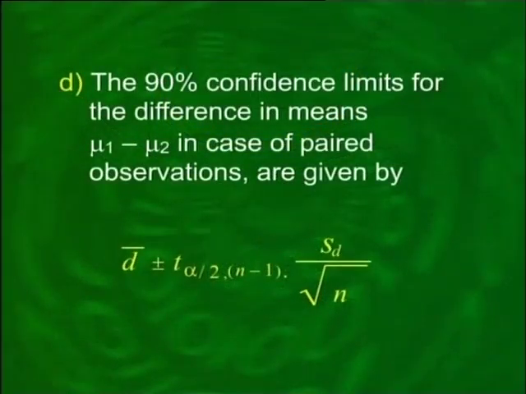And how do we proceed with this problem? आपको याद है ना कि ये वाला प्रॉब्लम तो पेयर्ड ऑब्जर्वेशंस का है, तो इसका मतलब ये हुआ कि जो हमारा कॉन्फिडेंस इंटरवल है that also has to be in that manner as you now see on the screen. In the case of paired observations the confidence interval for μ1 minus μ2, in other words the confidence interval for μd is given by d bar plus minus t alpha by 2, n minus 1 degrees of freedom, multiplied by sd over square root of n.